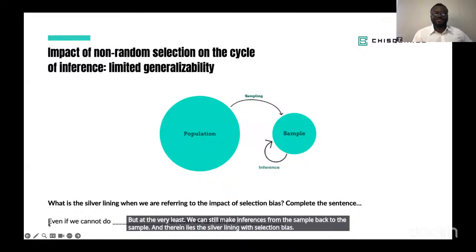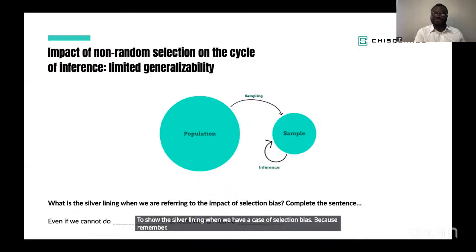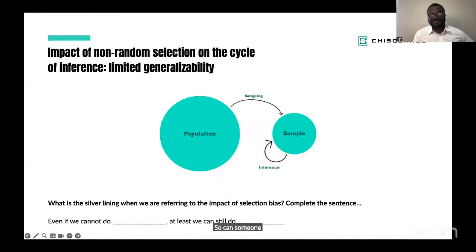All right, now, I want somebody to complete this sentence for us to show the silver lining when we have a case of selection bias. Because remember, we're trying to contrast that with measurement bias. Of the three children of epidemiology, the most deadly is measurement bias, and we need to pay attention to it very carefully. So can someone complete this sentence for us?